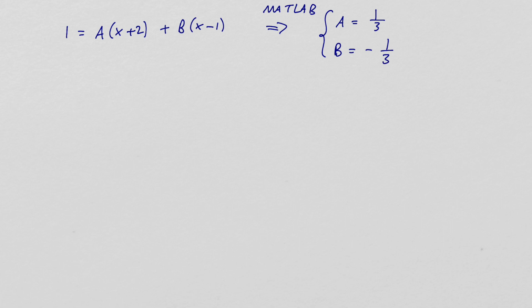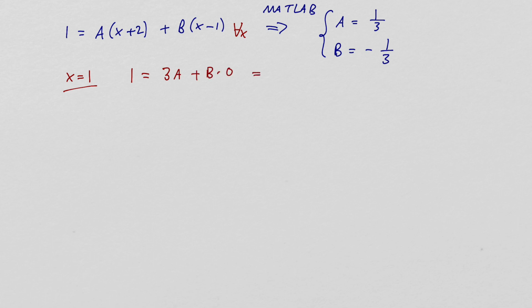If we want to calculate by hand, there is an even easier way to do this. The equation should be true for all values of x. So we can, for example, set x equal to 1. On the left hand side we have 1, and on the right hand side we will have 3a plus b times 0.